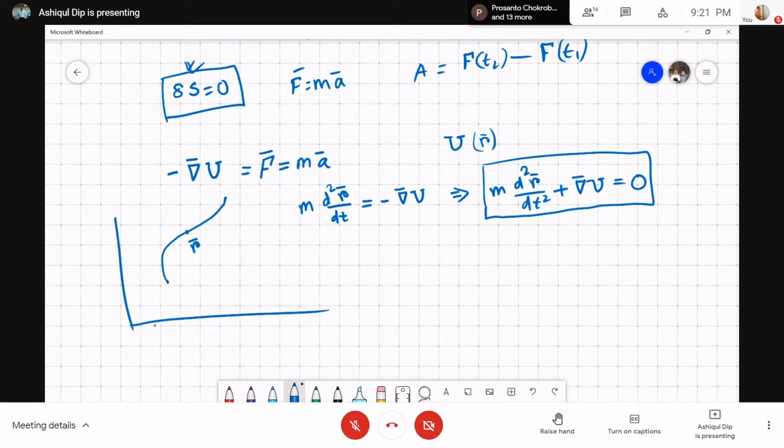So we need to consider a varied path a little bit. If we vary this path, probably this becomes this, an infinitesimal variation, not a lot. When we vary this path, this point becomes that point. We denote it by big R.